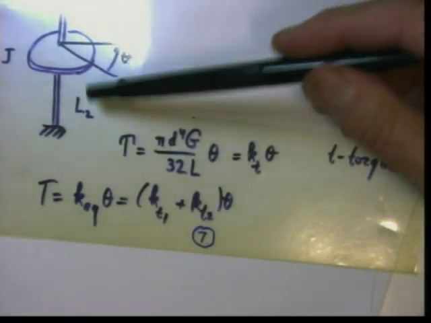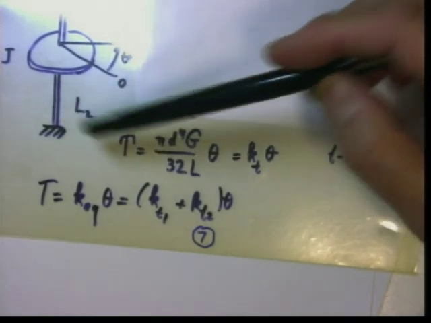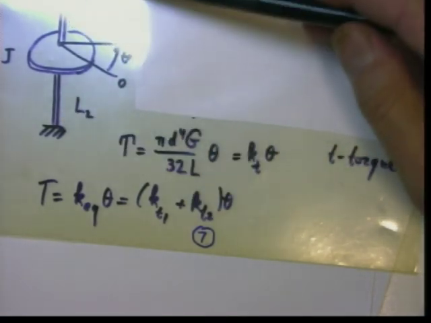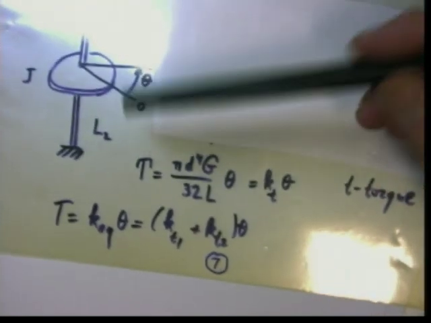Now, on the left-hand side, for this spring, there will be L sub 2. On the right-hand side, there will be L sub 1. But I have to add this stiffness coefficient. So this is not a combined length. I'm adding actually reciprocals of proper lengths. 1 over L1 plus 1 over L2, etc. This K of the first part, K1, will be pi d to the fourth power G over 32 L1.